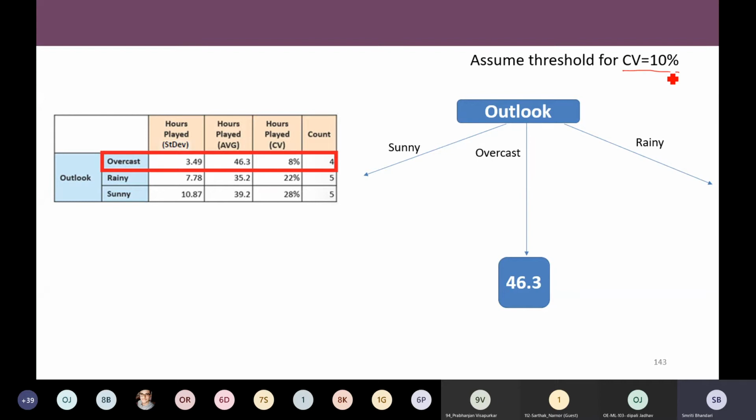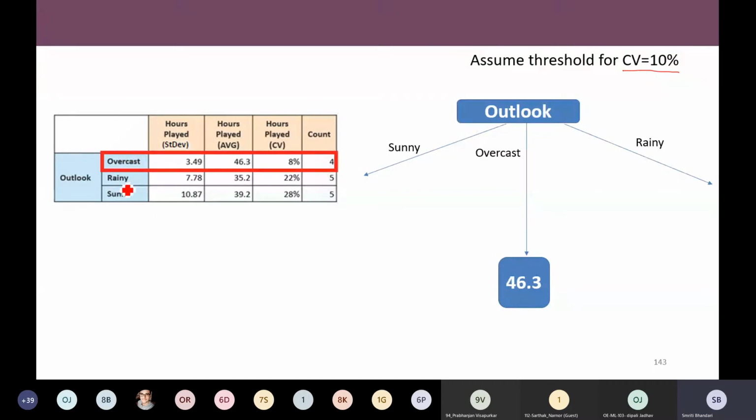Just see here: for outlook equal to overcast, we have computed the standard deviation and the hours played average, and the CV value for outlook equal to overcast comes out to be 8%. The number of samples we have for outlook equal to overcast in our training data set is 4.